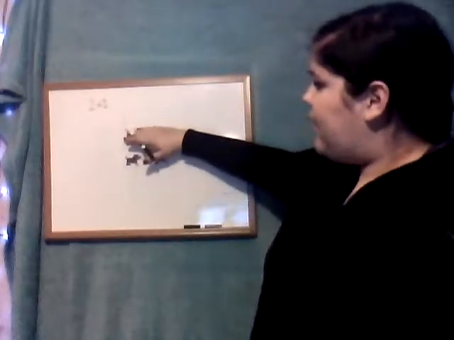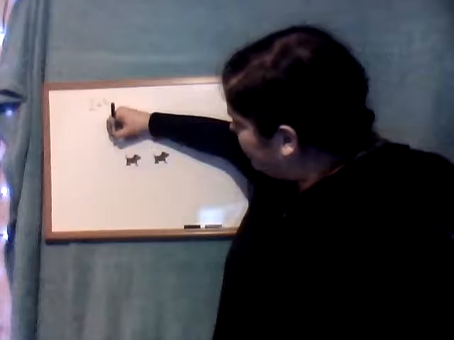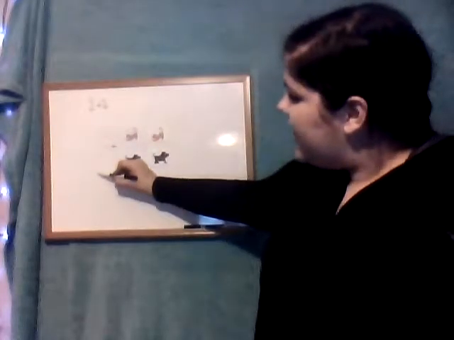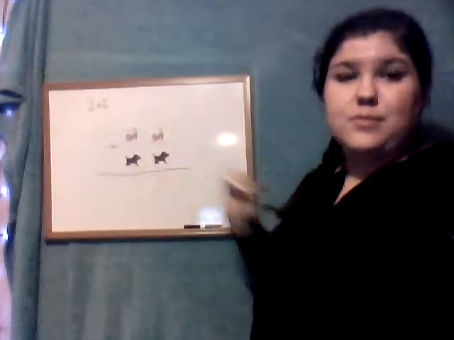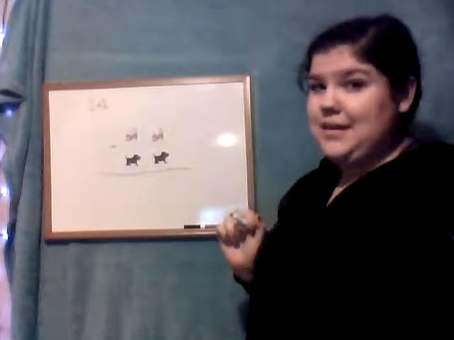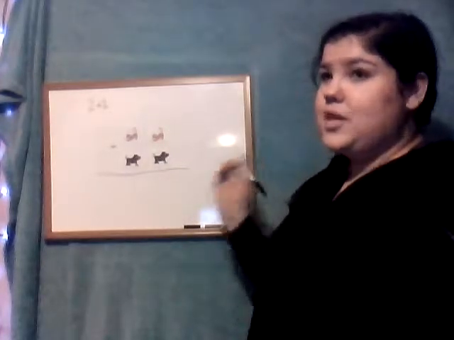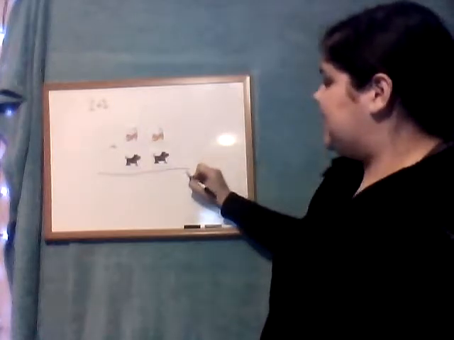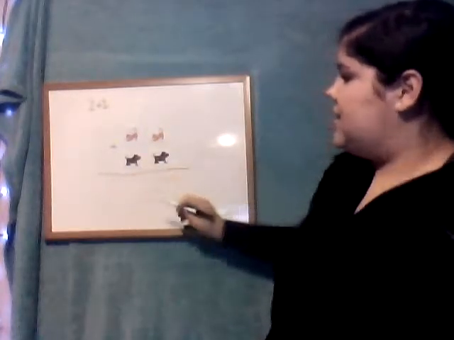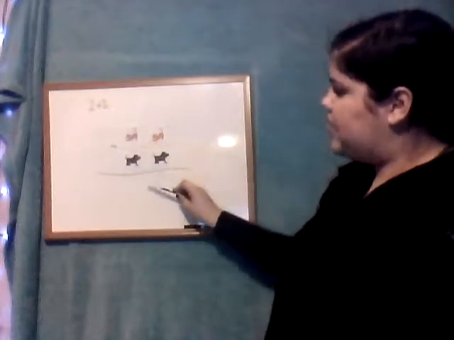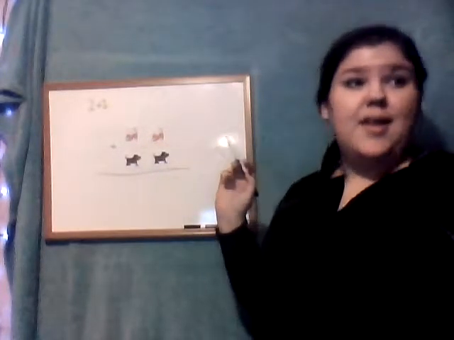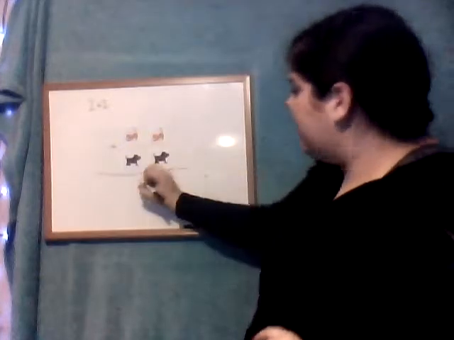So you have the upper half and the lower half, and you put a plus sign here, and then you draw a line like this. Does anyone know what this line represents? Close, but this is going to be the sum. So underneath this line, you're having 2 cats plus 2 dogs, and what is the answer going to be? Yep, 4, exactly.